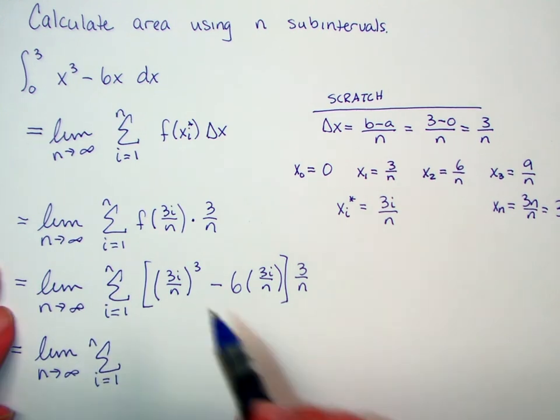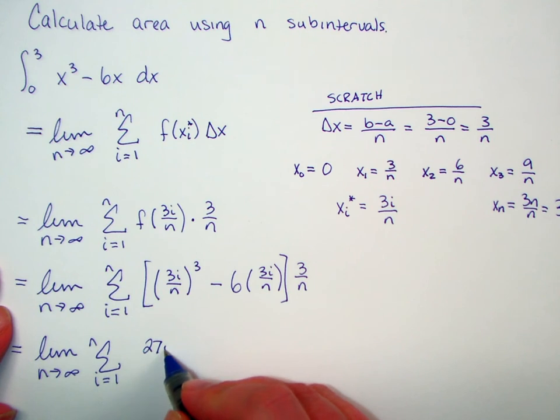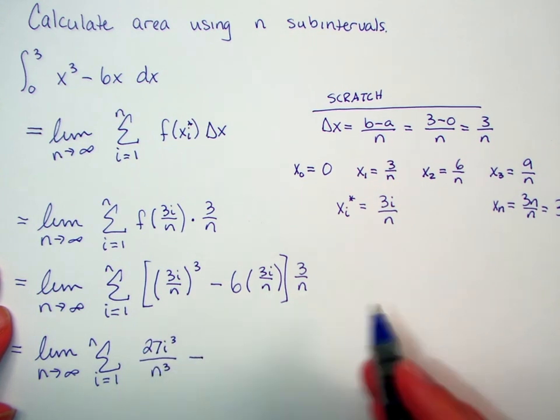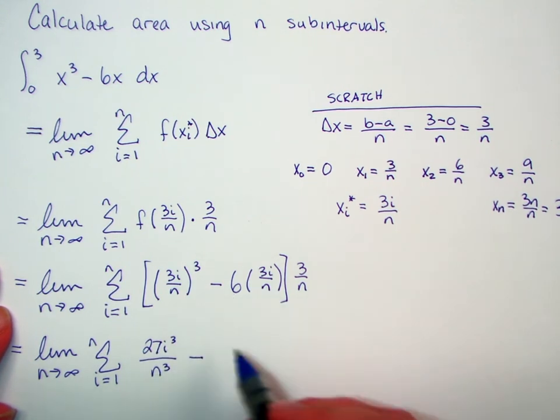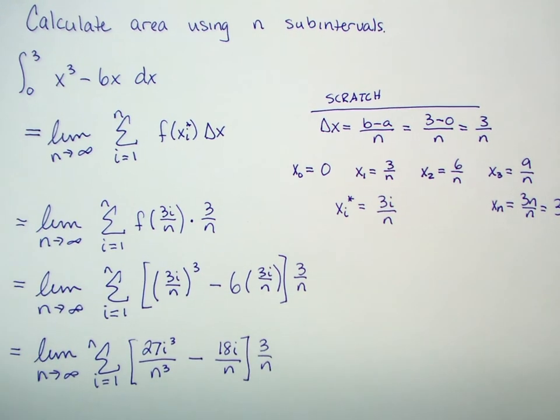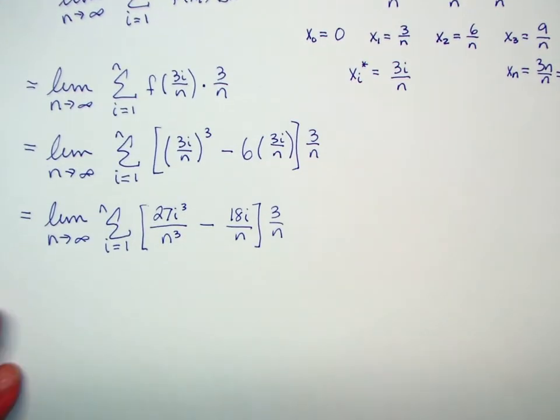Right. So 3i over n cubed is 27i cubed over n cubed. 6 times 3i over n is 18i over n. And then I still need to multiply that by 3 over n. Right? So I'm going to go ahead and distribute the 3 over n next.